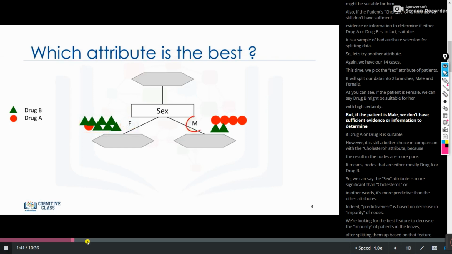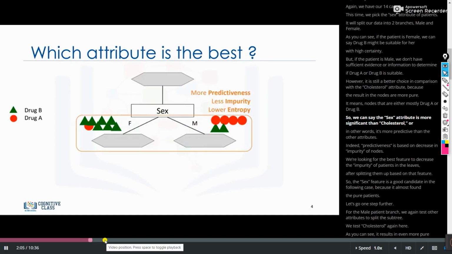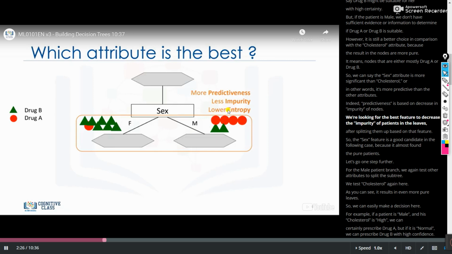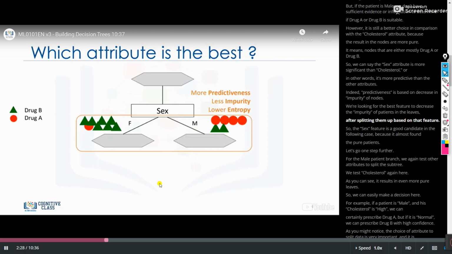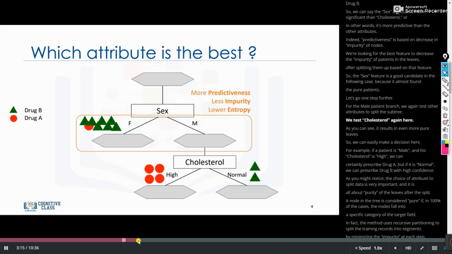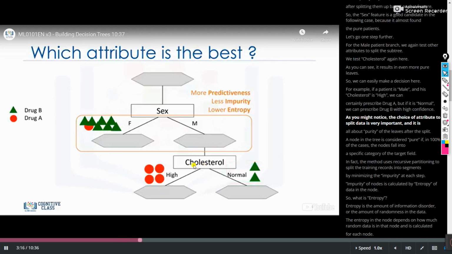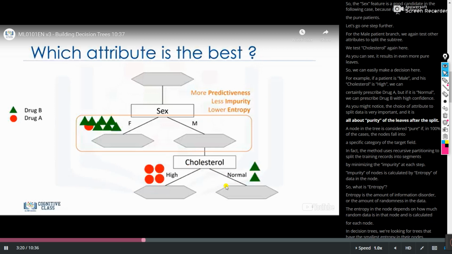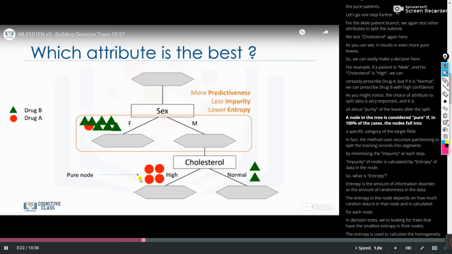So what they are doing is looking for the more predictive one, meaning which one is more predicting, less purity and lower entropy. So what's the entropy? They are going to split further on the basis of cholesterol. So eventually they are getting that high cholesterol is leading to drug A and drug B also.